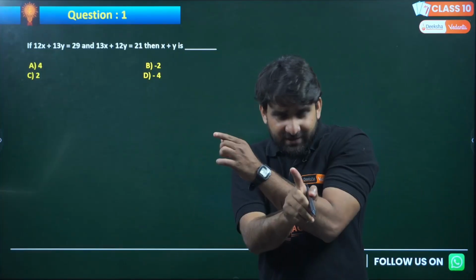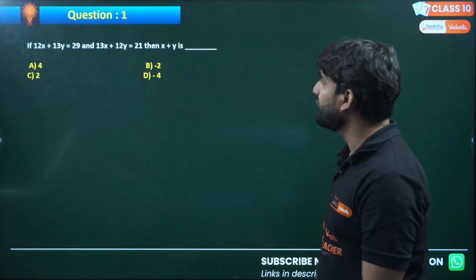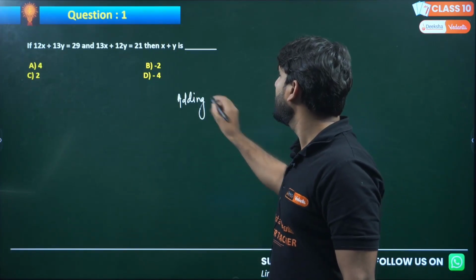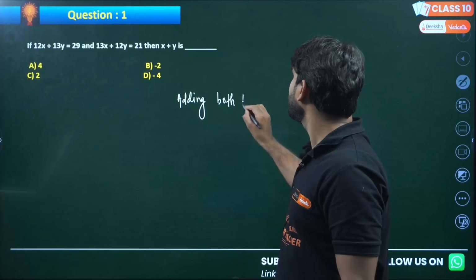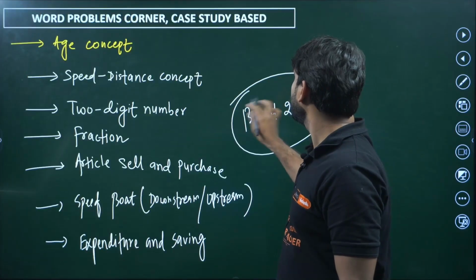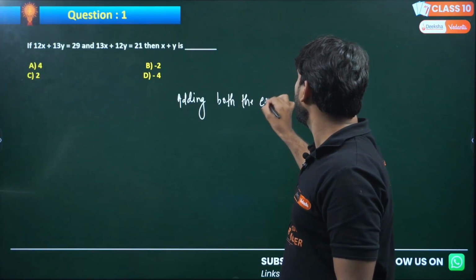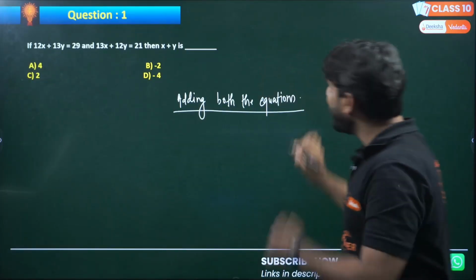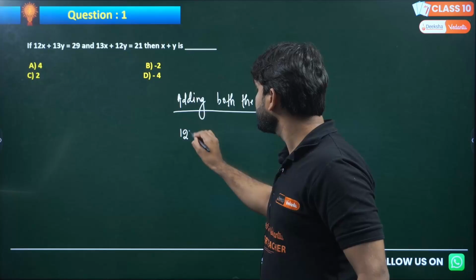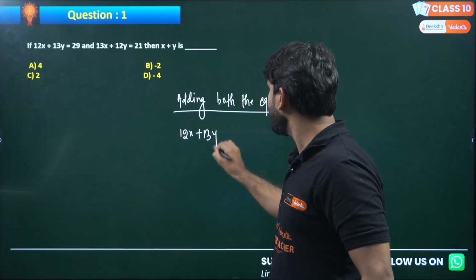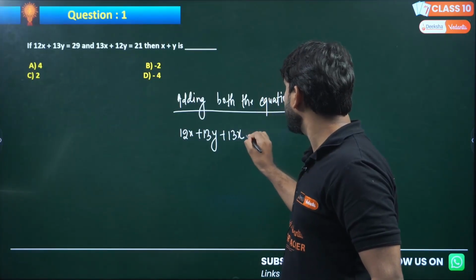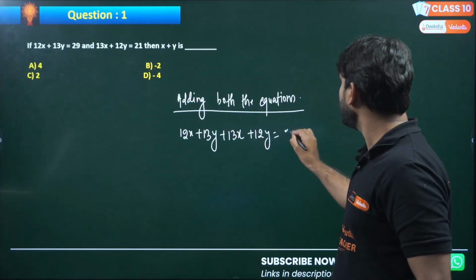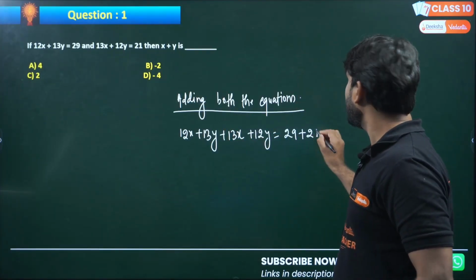The coefficients have interchanged. So how to find it? Do one thing, add both the equations. On adding, what will happen? This is 12x plus 13y plus 13x plus 12y is equal to 29 plus 21, right?